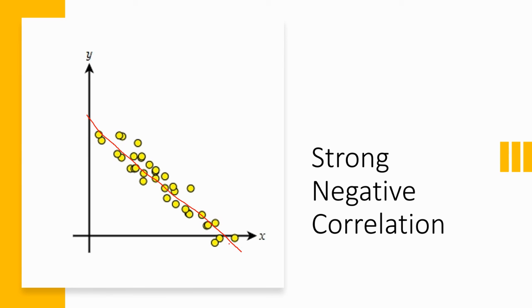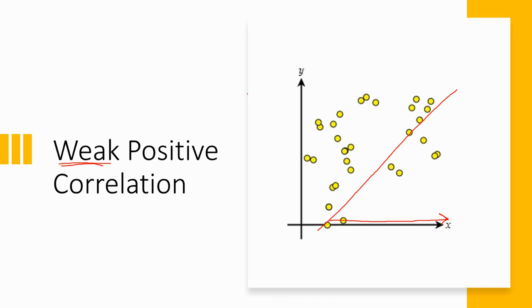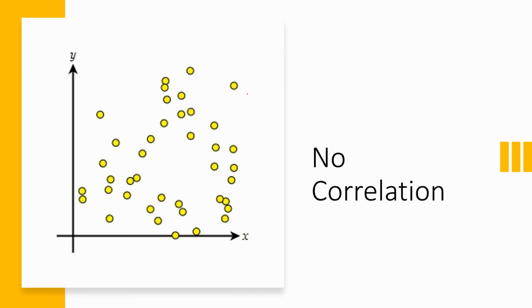Those points are really, really close to that red line. So in this case, I have a strong negative correlation. And the reverse would be true: if I had dots congregating in an upward direction, it would be strong positive correlation. So just make sure you are okay with these choices.